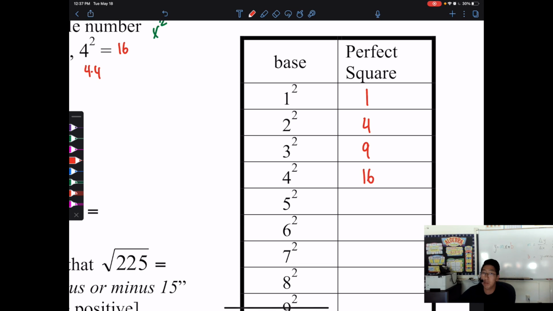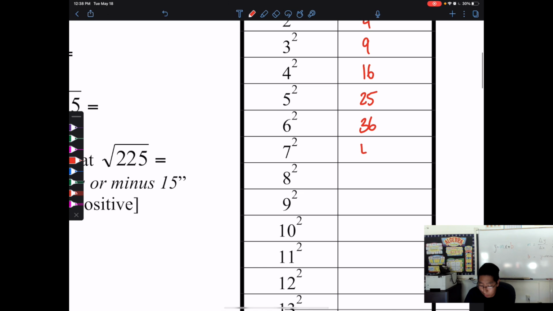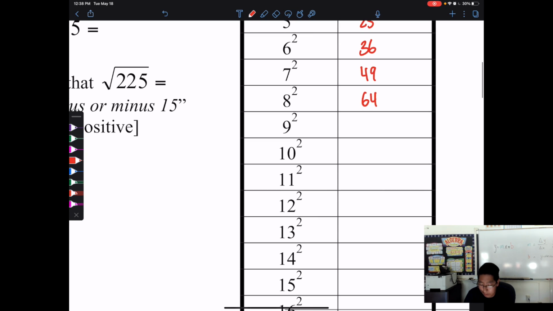We're just multiplying the base by itself twice. 5 squared, 25. 6 squared, 36. 7 squared, 49. 8 squared, 64. 9 squared, 81. 10 squared is 100.